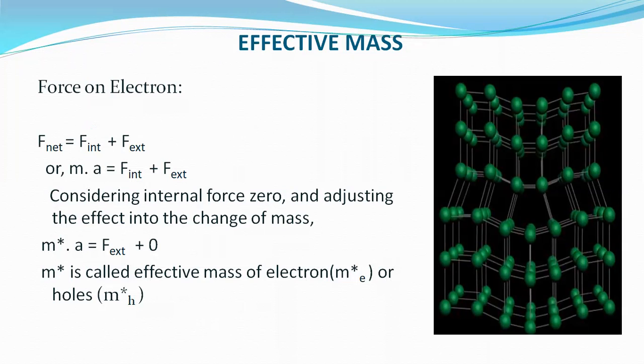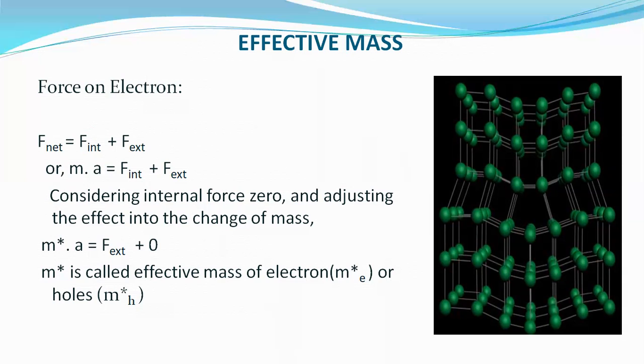So let's consider one electron inside a material having some net force on it, F net is equal to F internal plus F external. That means internal force due to this binding energy, and external force applied externally in the form of maybe some potential, or maybe heat or some other kind of source.